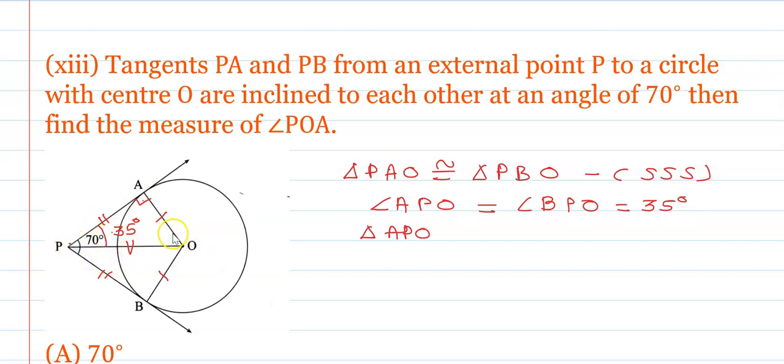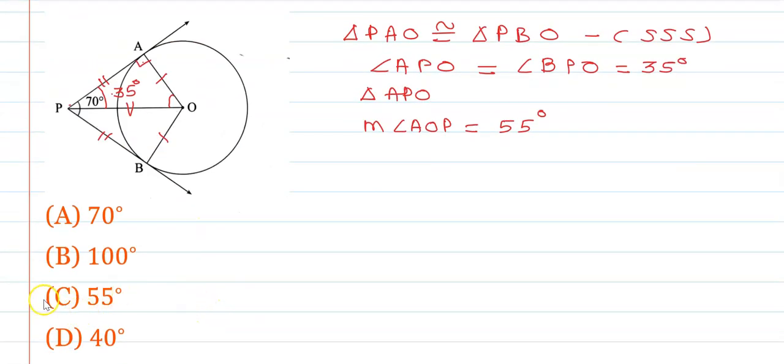And therefore the measure of angle AOP must be 55 degrees. Okay, 35 plus 55 is 90, plus 90, that is 180. Therefore option C is the correct one.